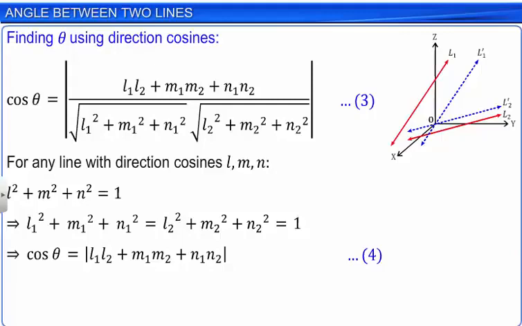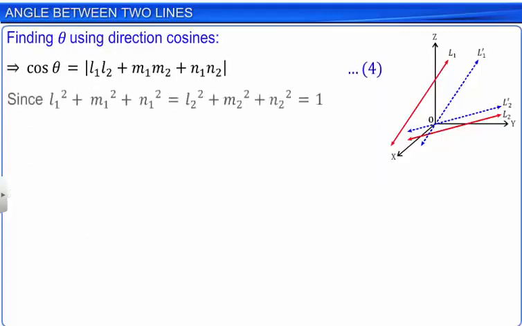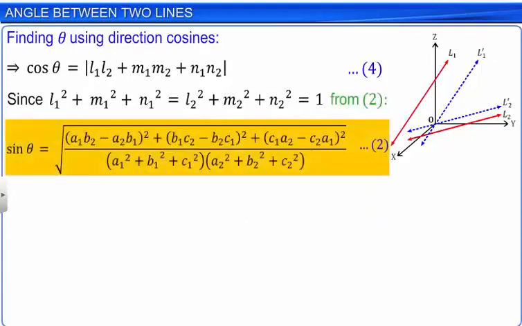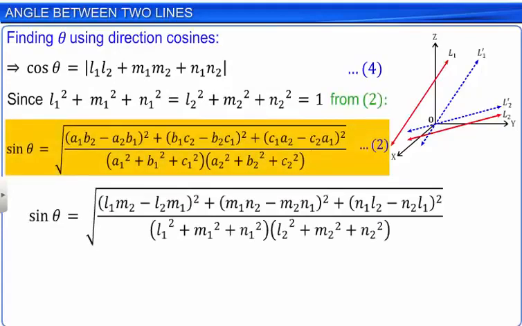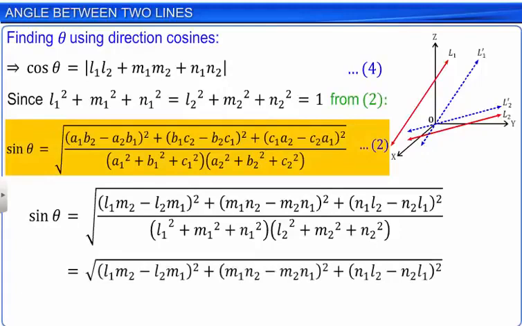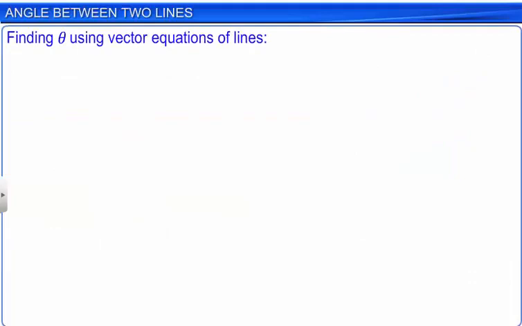Replacing the direction ratios with direction cosines in equation 2 and simplifying, we get the equation for the sine of angle theta between lines L1 and L2 as shown here. Now, we will find the angle between the two lines when their vector equations are given.